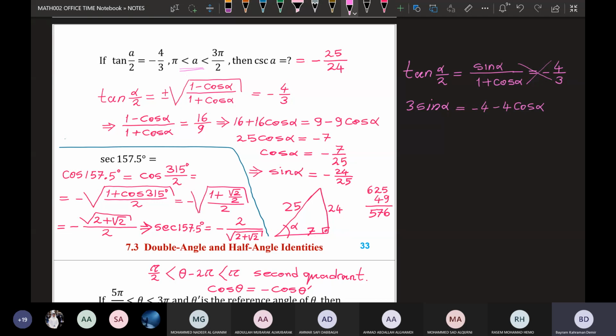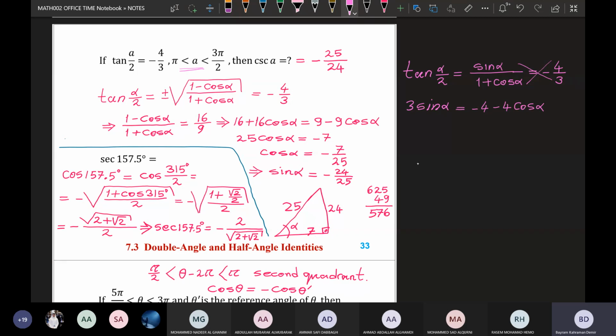So what you need to do, you need to square both sides so that you can get a connection between sine square and cosine square. And then you can switch from the sine square to cosine square so that you can solve for cosine or you can solve for sine.